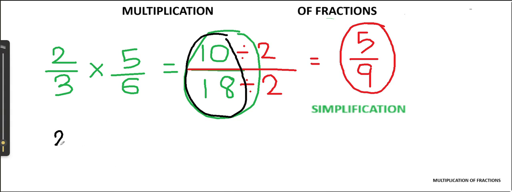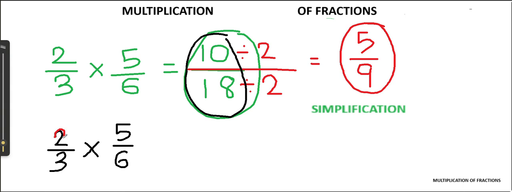Now, what is the other way to simplify within the question itself? So the question was 2/3 times 5/6. I can only simplify the numerator with the denominator. We cannot simplify the numerators together. No, we can only pair up the denominator with the numerator.